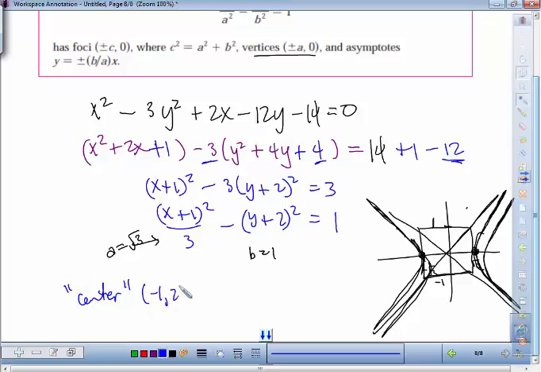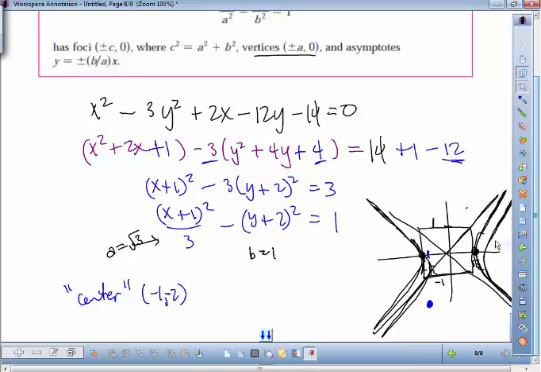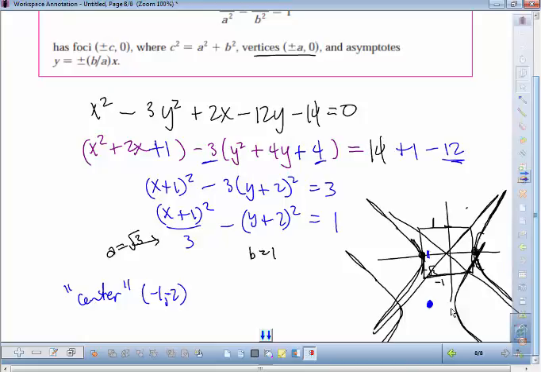Negative 1, comma 2. What? Negative 1, comma negative 2. So negative 1, comma negative 2 would be somewhere over here. And so you can imagine taking this hyperbola and moving it down. I mean, you can imagine those boxes and those lines moving also, but I think if you could do that shift, that would be fine.